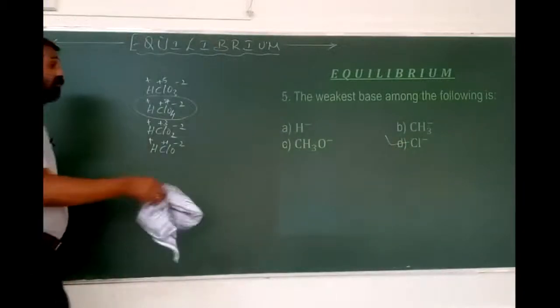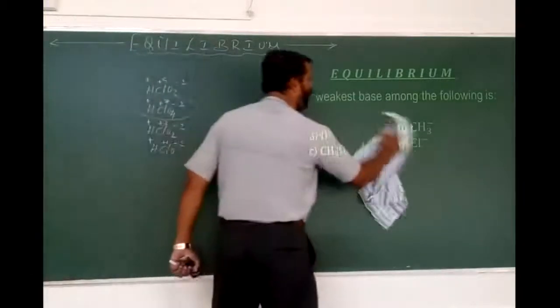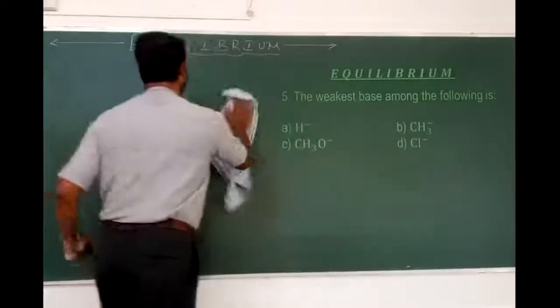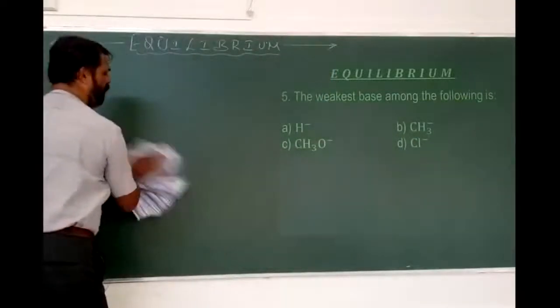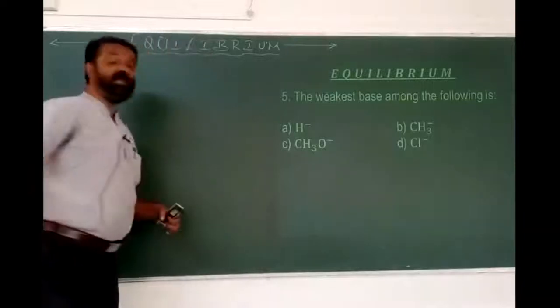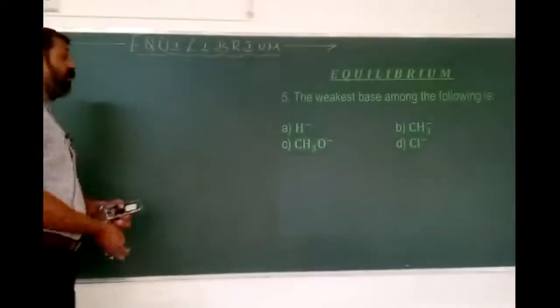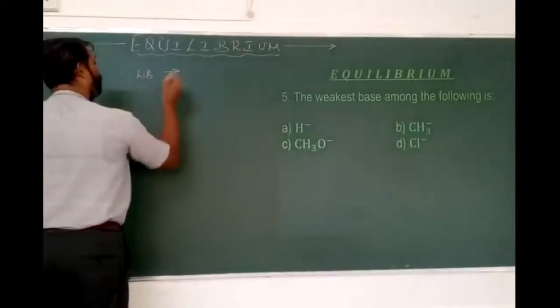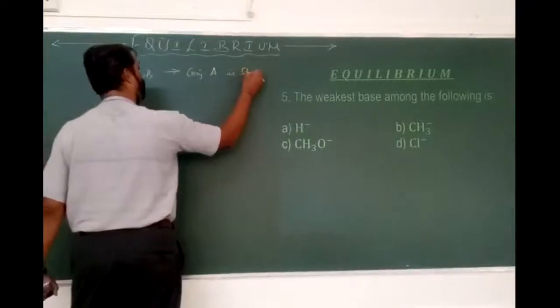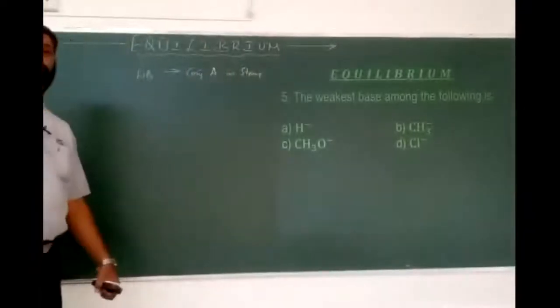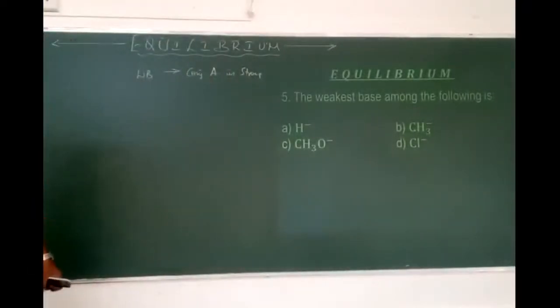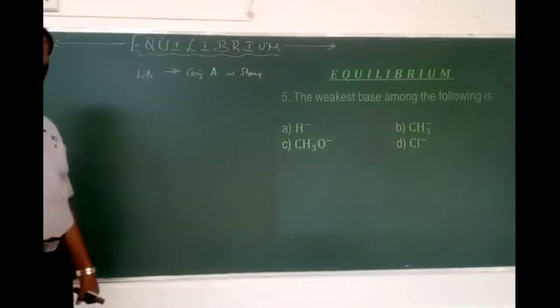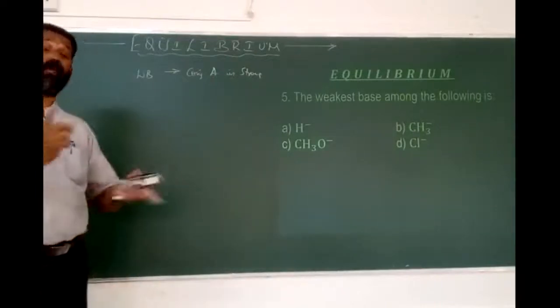Now, the weakest base among the following: how to decide which base is weak? The weaker the base, the stronger its conjugate acid. Among a conjugate acid and base pair, if one is weak, then the conjugate is strong, or vice versa.